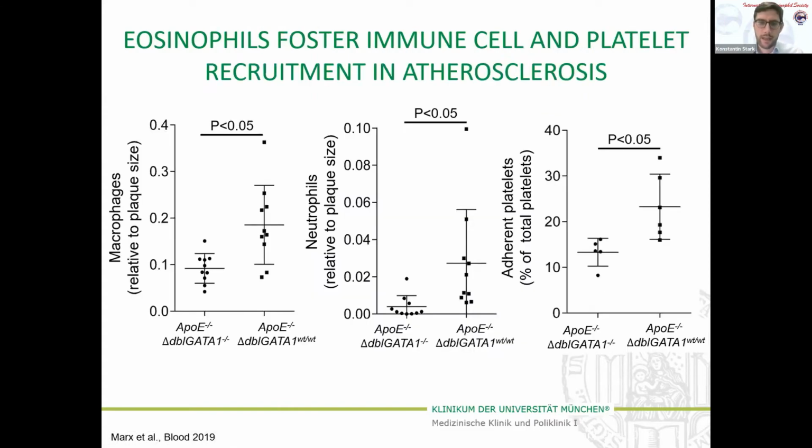However, when we analyzed these plaques, we saw that there are more macrophages and more neutrophils in the plaque, indicating that there's increased inflammation going on when eosinophils are present, and that there are more platelets adhering to these plaques. And we know that platelets are a main trigger driving the progression of atherosclerosis by recruiting other immune cell types.